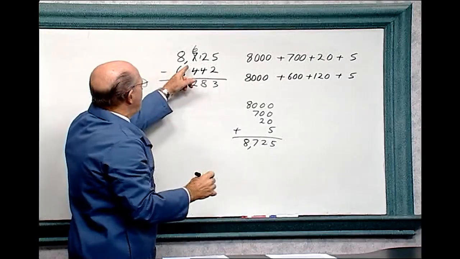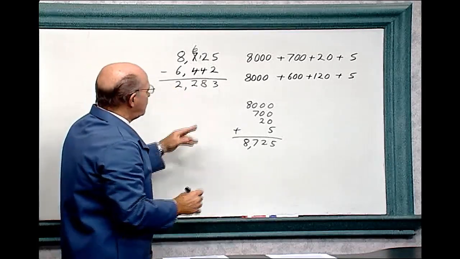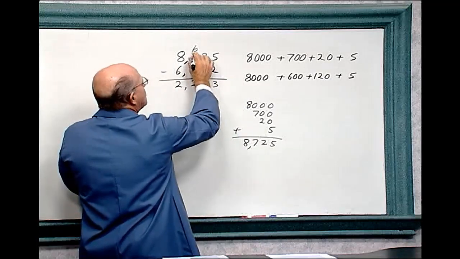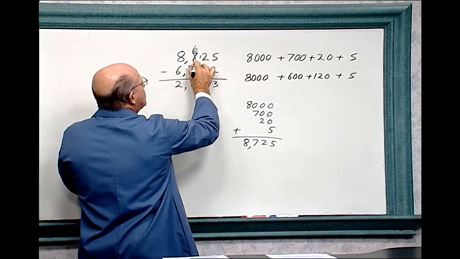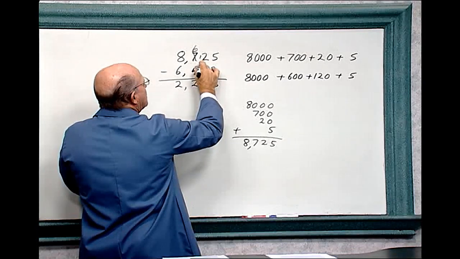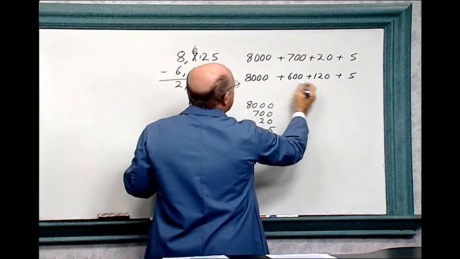You get the same number over here. Now what we did in borrowing is that we took from the hundreds, from this 700, made this from a 7 to a 6 and added the 100 onto this number, so it's 12, or actually 125, so it's the same number now.